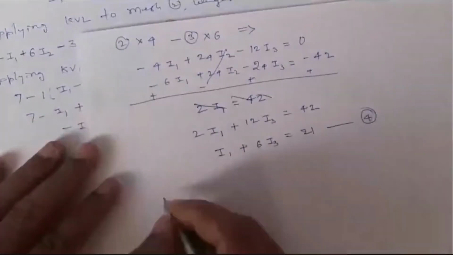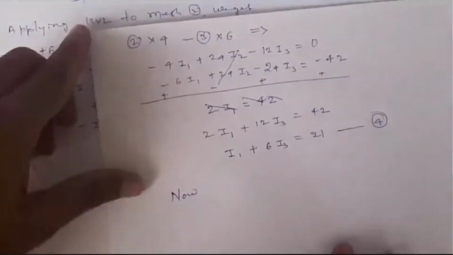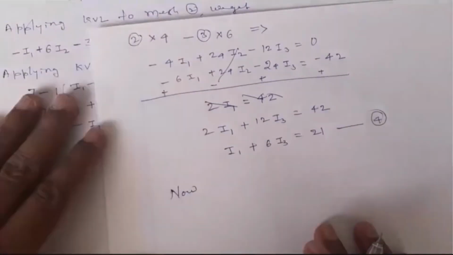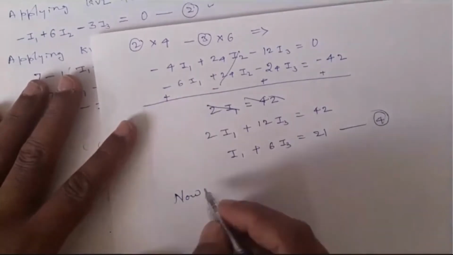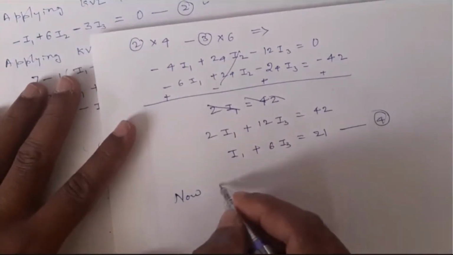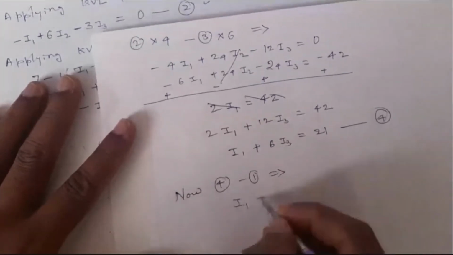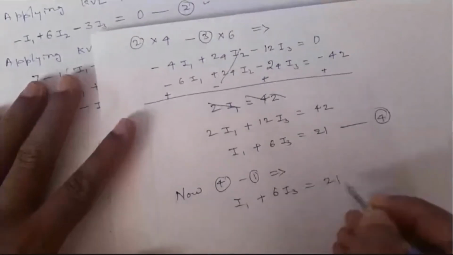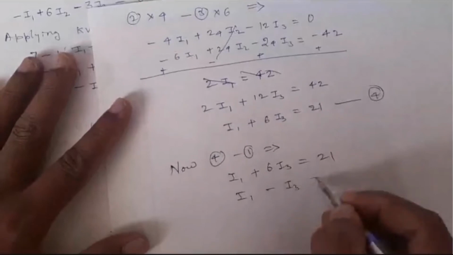Okay, so now what I do directly, because in equation 1, if you see, it is I1 minus I3, so I can solve directly for I1, meaning I3 I can directly find. How? I'll do this: equation 4 minus equation 1. So I1 plus 6I3 is equal to 21, minus I1 minus I3 is equal to 7.